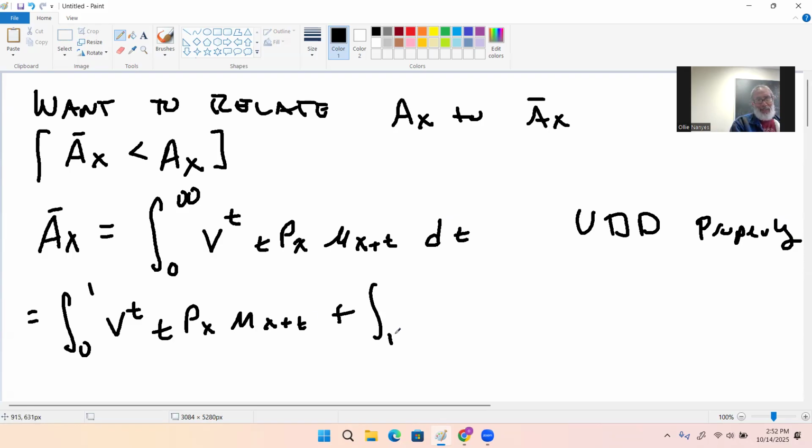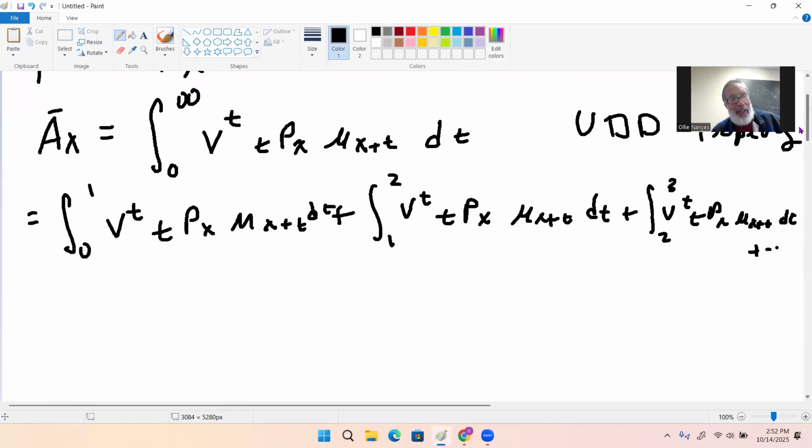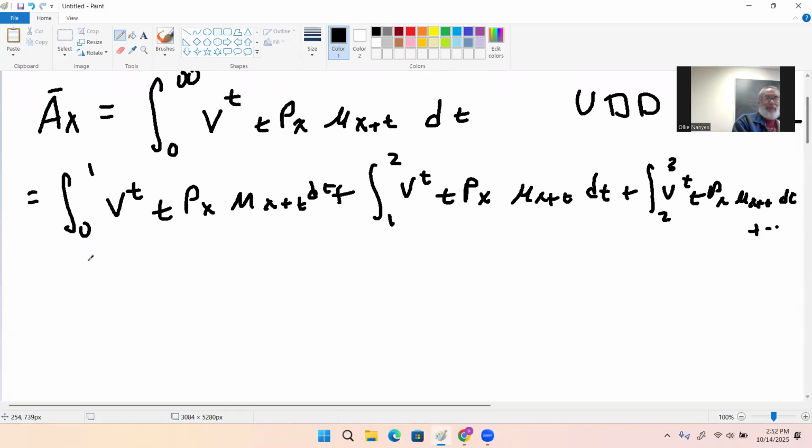And we add the second one, and I forgot my dt here, plus the third one, etc. And so, okay, what we can do now is write this in summation notation.